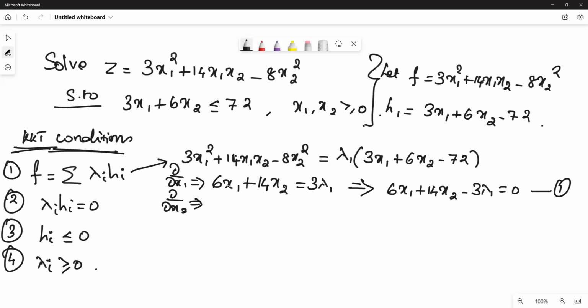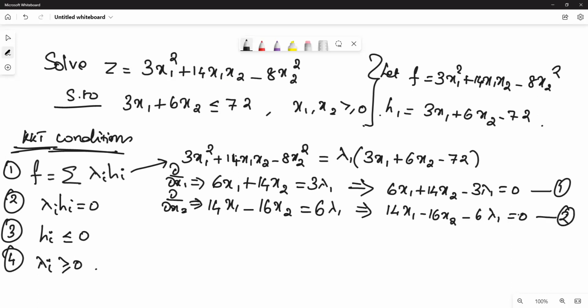Differentiating the first condition with respect to the second unknown x2, it will give you 14x1 minus 16x2 is equal to right hand side 6 lambda 1. That is 14x1 minus 16x2 minus 6 lambda 1 is equal to 0.